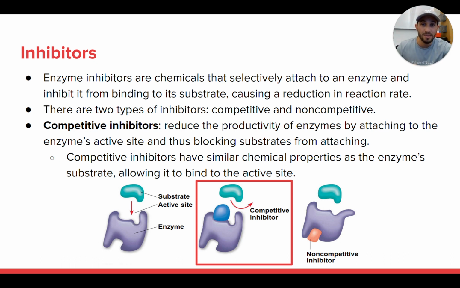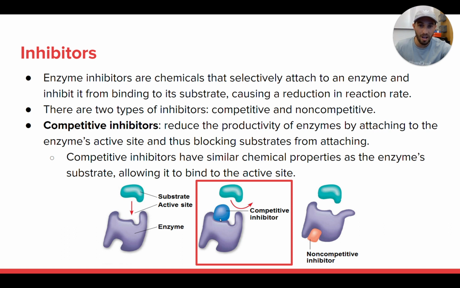And so there's two types of inhibitors: competitive inhibitors and non-competitive inhibitors. I want to talk about each of these real quick. Competitive inhibitors reduce the productivity of enzymes by specifically attaching to the enzyme's active site and thus blocking the substrate from attaching. A competitive inhibitor is like this picture right here.